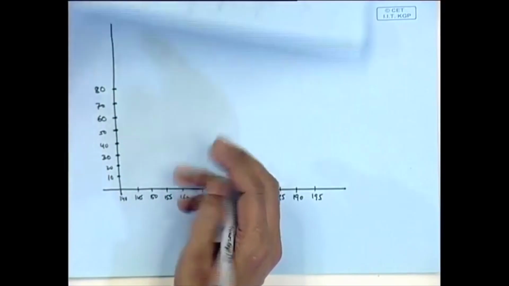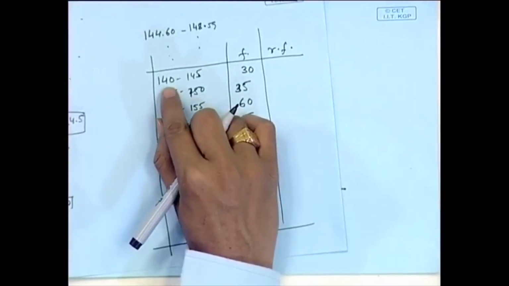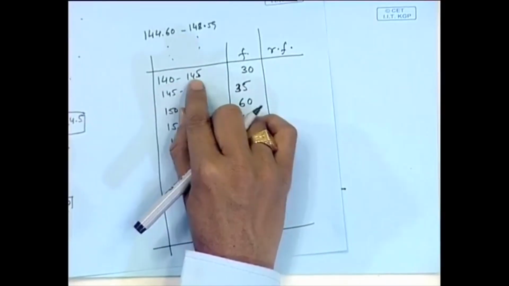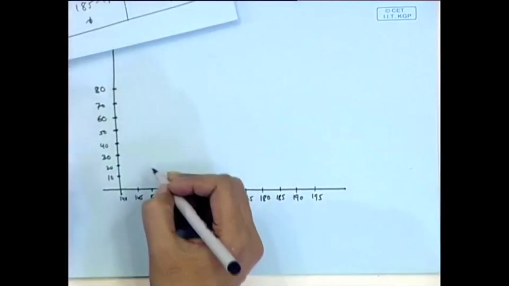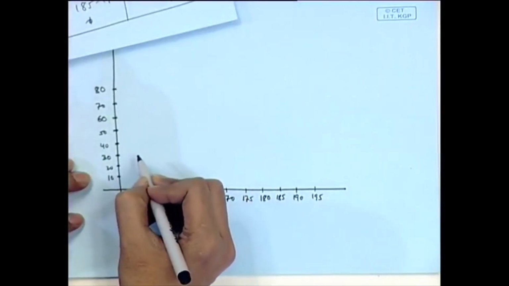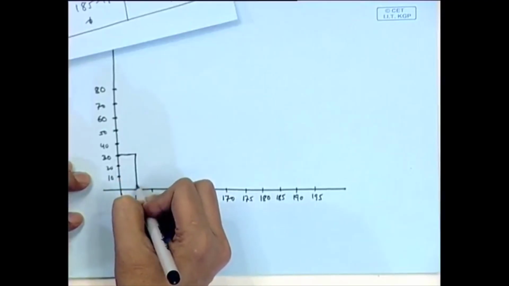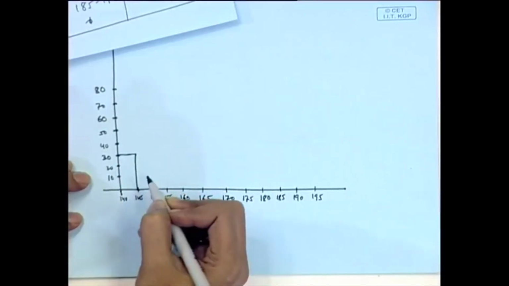Now, we observe the frequency for the class interval 140 to 145 is 30. So, we draw a rectangle of the height 30 in the interval 140 to 145.